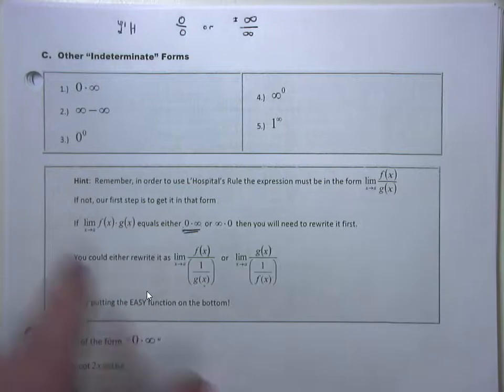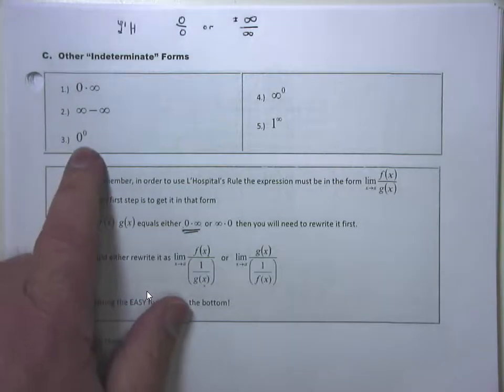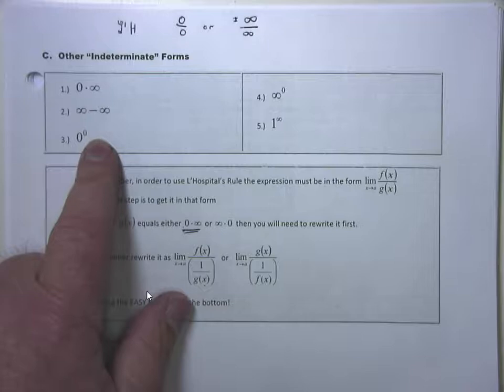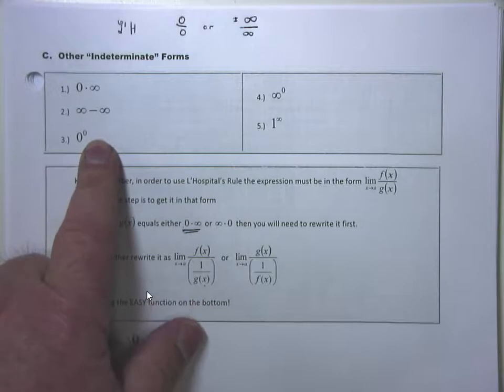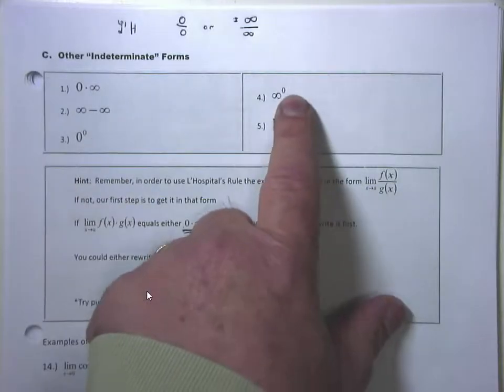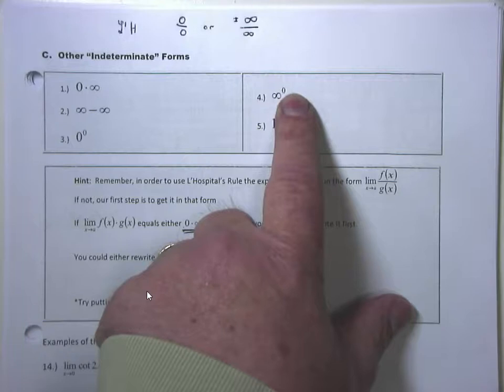And then there are the exponential cases. 0 raised to the 0 power. Anything to the 0 power is supposed to be 1, but what if you start out at 0 raised to the 0 power? Is that 0? Is it 1? Well, yeah, sometimes. And it could be 5. Who knows? Infinity to the 0 power. Well, anything to the 0 power is supposed to be 1, but wait a minute.